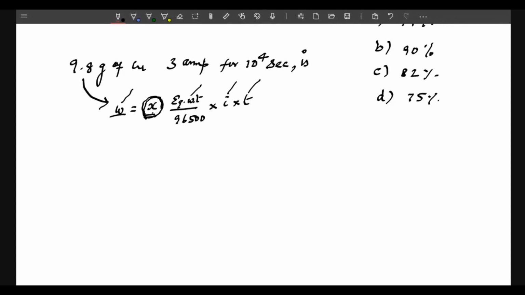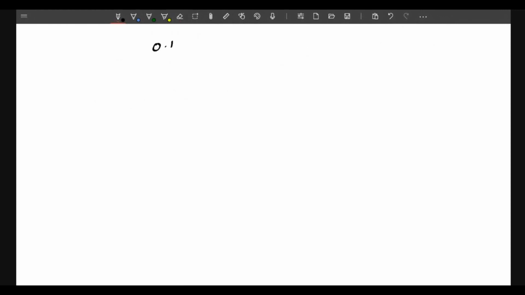Next type of problem. Take down the question. A current of 0.193 ampere is passed through 100 ml of 0.2 molar sodium chloride solution for an hour.